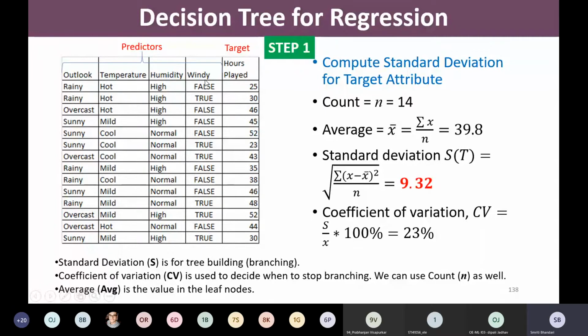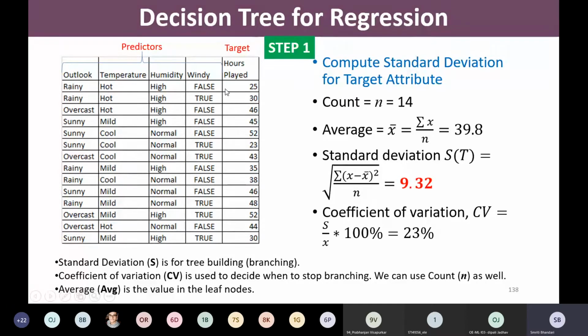But in the last example that we have studied, we had the target attribute, that is whether to play tennis, yes or no. So we dealt with that classification problem where the classes were yes or no. Now, as we are going to see decision tree for regression, we are having the target attribute, that is hours played, and what we are going to store in this attribute is actually a continuous value, a real value, right?